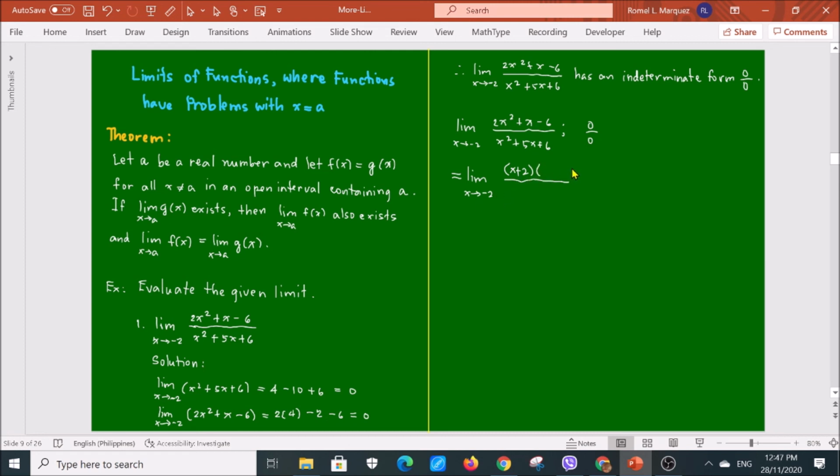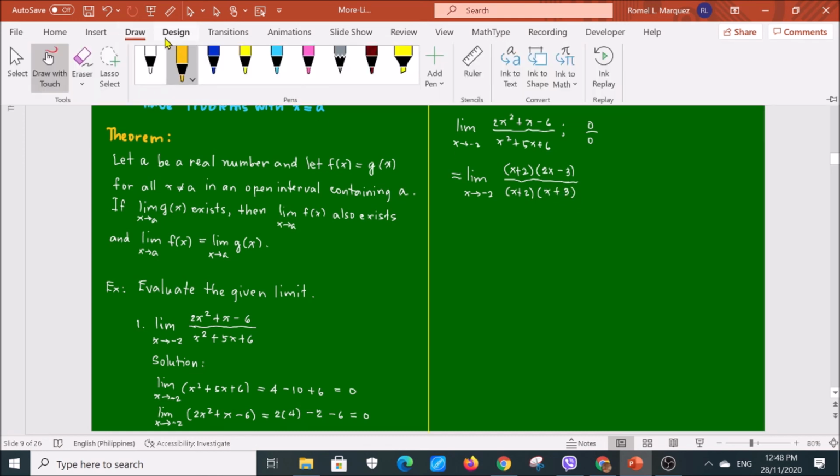And then you have to find the other factor. So here, what is the other factor? 2x minus 3. Is that correct? And then here, we have x plus 3.